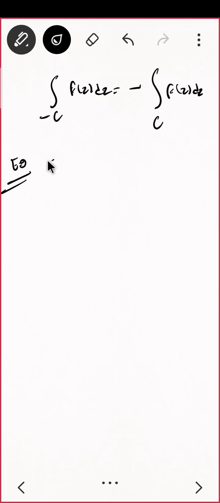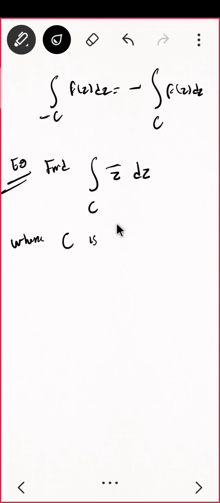Find the integral over C of z bar dz. This is your integral. You want to see where C is the right half.